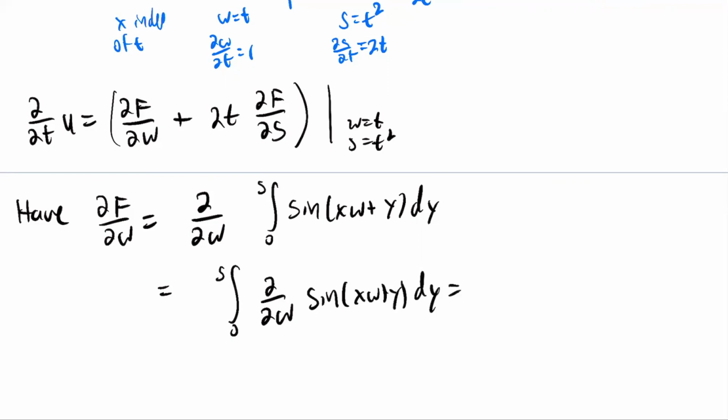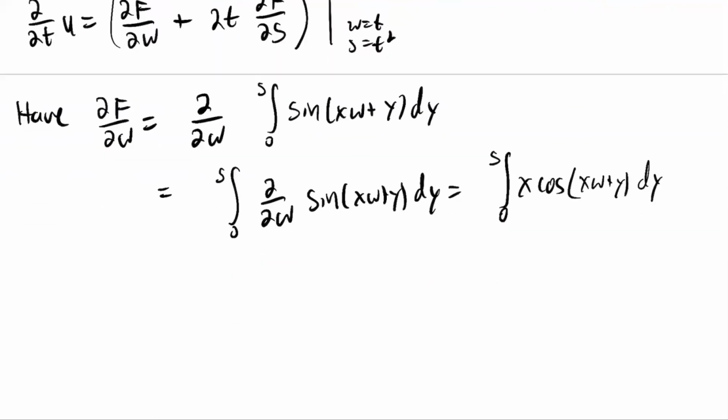And using the chain rule as we did before, this is the integral from 0 to s of x times cosine of xw plus y dy. And now we're going to plug this into our previous formula with w equal to t and s equal to t squared.